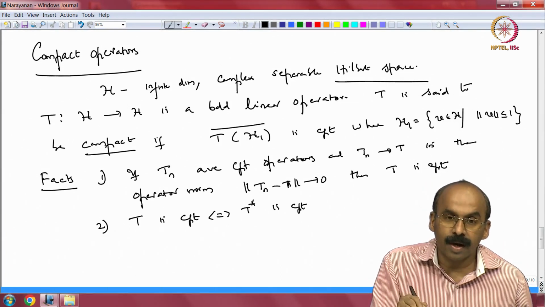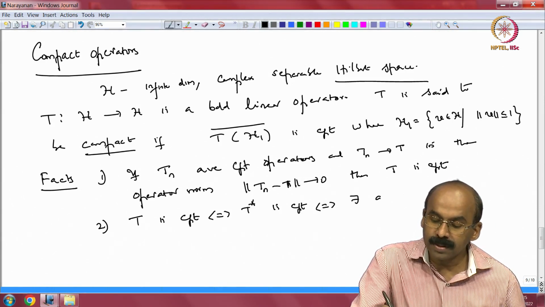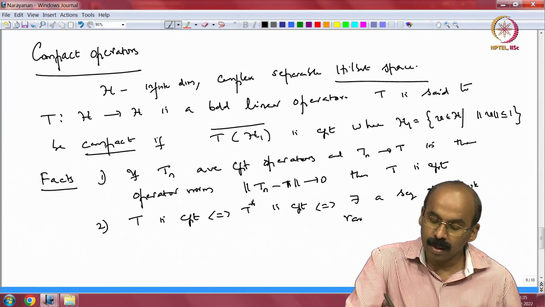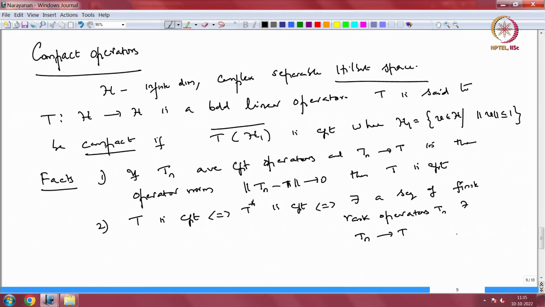Three, T is compact if and only if there exists a sequence of finite rank operators Tn such that Tn converges to T in the operator norm, right. That means any compact operator can be approximated by a sequence of finite rank operators. Okay, so let us go to the next page.